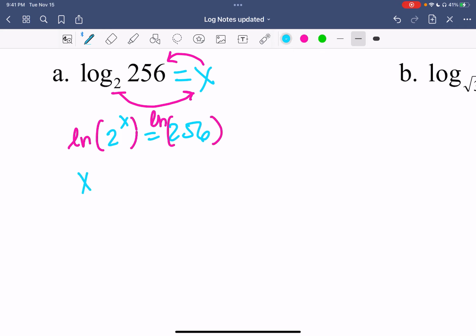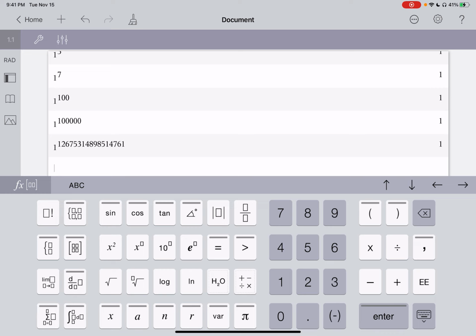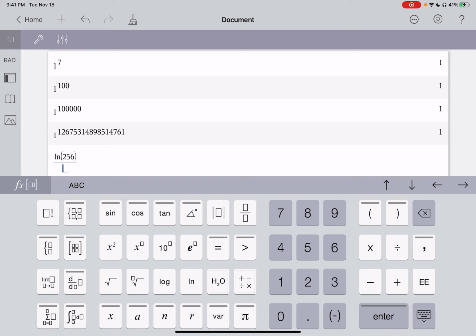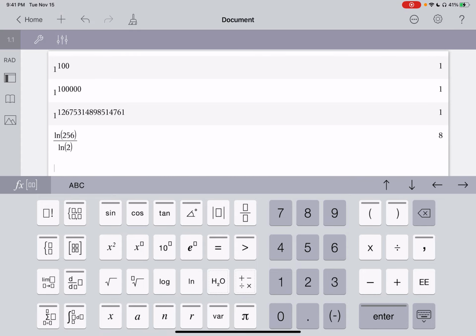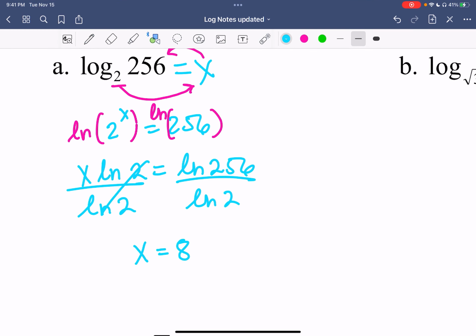Bring your x to the front of the natural log of 2. Set that equal to the natural log of 256. Divide out whatever is being multiplied by x and then put the fraction in the calculator. The natural log of 256 divided by the natural log of 2. We get 8. So x equals 8.